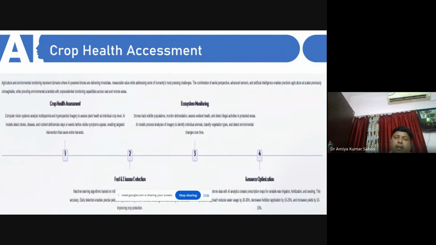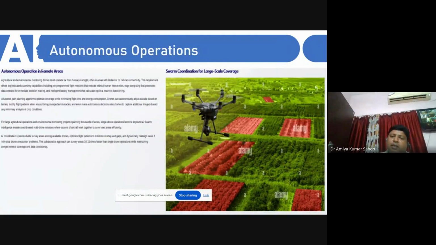This is another one, crop health assessment. This is also done by the help of drone technology, with which we can assess agriculture. In the agriculture area, drones also have a very good role, with different types of autonomous operations in remote areas.